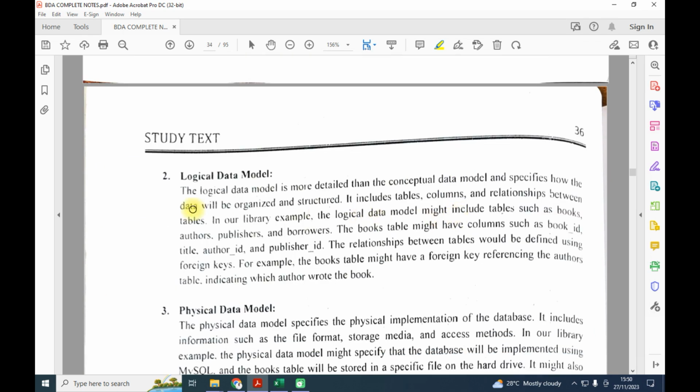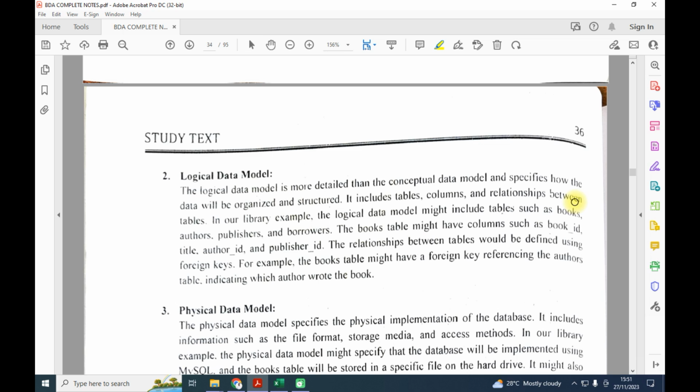Then under the logical now, the logical model is more detailed than the conceptual data model and specifies how the data will be organized and structured. It includes tables, columns and relationships between the tables. In our library example, the logical data model might include tables such as books. You may have a table, and that's why we are giving an example of Access.